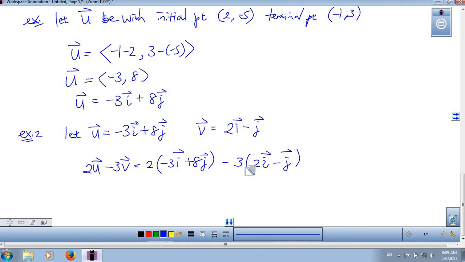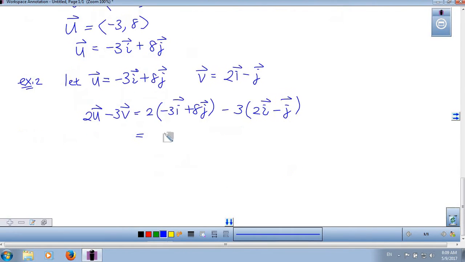And then because we are using component forms here, the i and j vector forms, we just simply go ahead and multiply. 2 times -3 is -6i, 2 times 8 is 16j, minus 6i plus 3j. Then all we have to do is combine like terms, the i vector with the i vector, so it's -12i, and the j vector with the j vector, so it would be 19j. So it's -12i plus 19j.